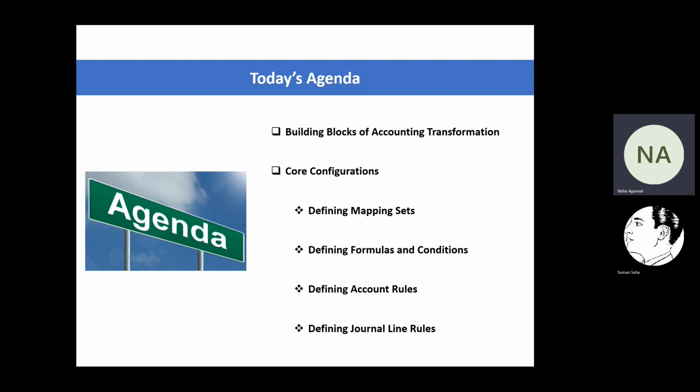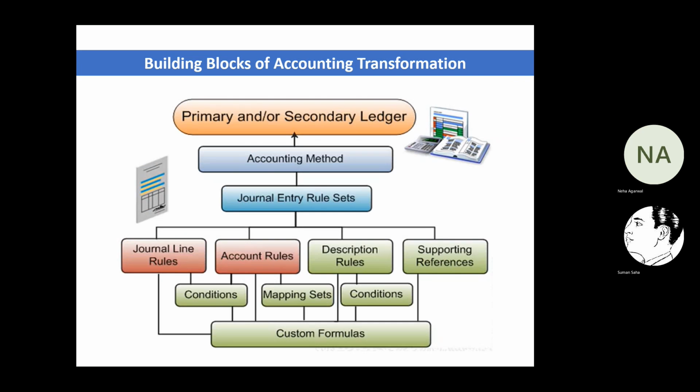So, beginning with today's session, these are the building blocks of the accounting transformation. The slide gives you an overview of all the steps involved and the configurations required for setting up the accounting transformation for the subledger application.